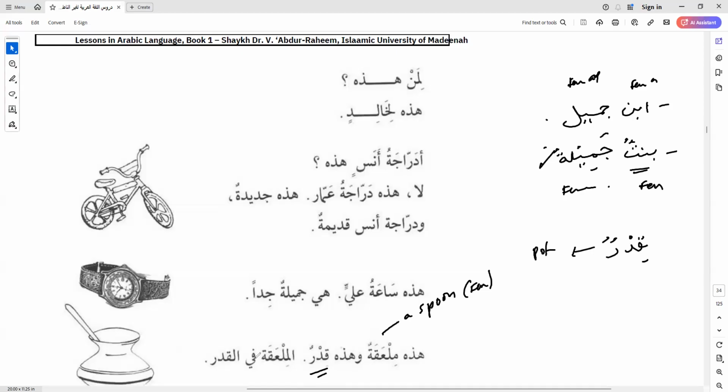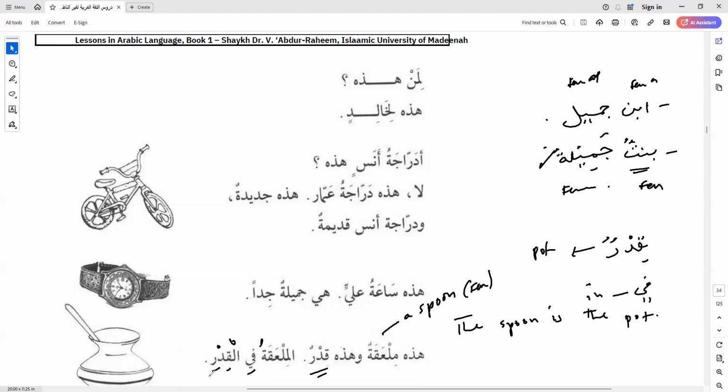الملعقة في القدر. في means what? In. So الملعقة في القدر. The spoon is in the pot. الملعقة في القدر. Right?